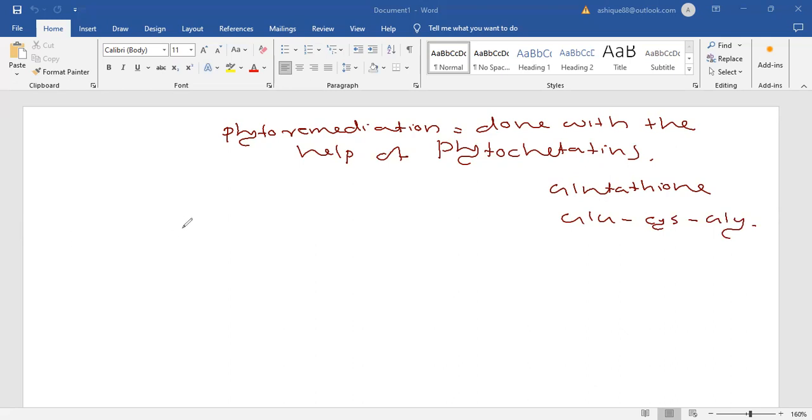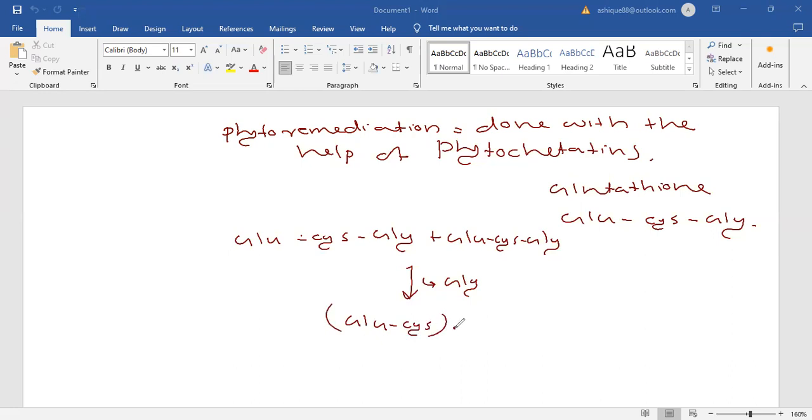When two glutathiones join together, glycine plus glycine, they will eliminate one molecule of glycine, and you will get cysteine and glycine.